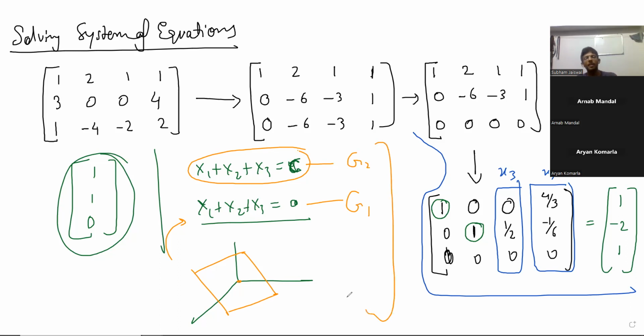Think about it. First of all, I should know why it doesn't happen. Let me think a little bit. A line will always be there.